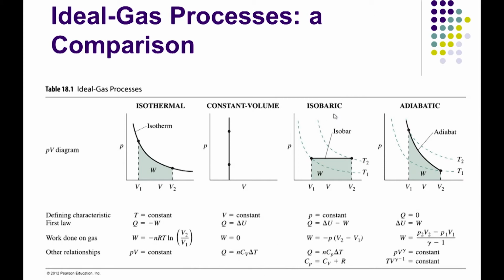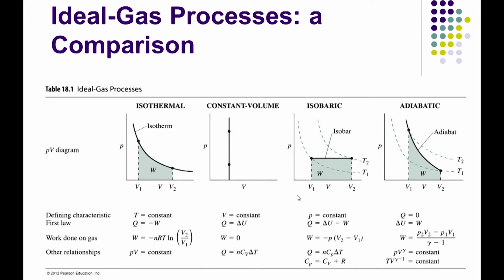Now, if you go to the isobaric system, we are going to go between 2 isotherms, which means we are changing the temperature, however, we are keeping the pressure constant. As the gas goes from temperature 1 to temperature 2 in a quasi-static equilibrium model, the pressure is constant and the volume goes from V1 to V2.